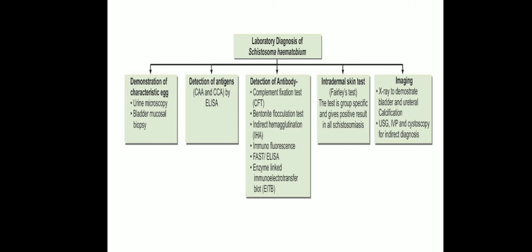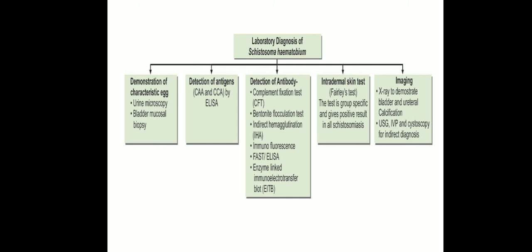There is circulating anodic antigen or CAA and circulating cathodic antigen CCA. These two can be demonstrated by ELISA using monoclonal antibodies, and the test is very sensitive and specific by this method, but it is available only in specialized labs. That is for the detection of antigen.